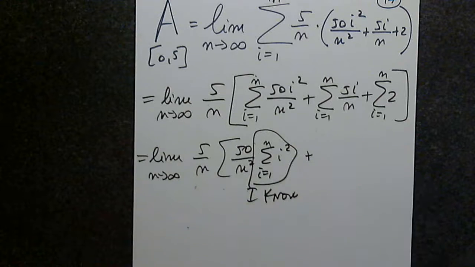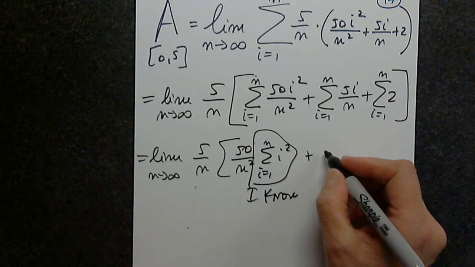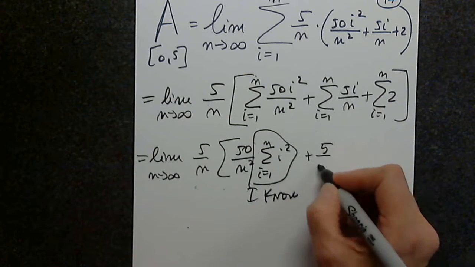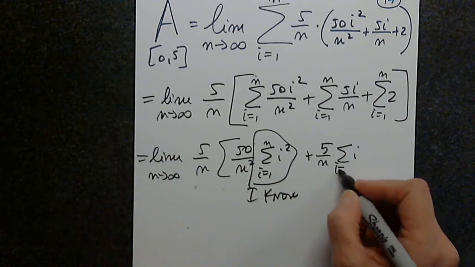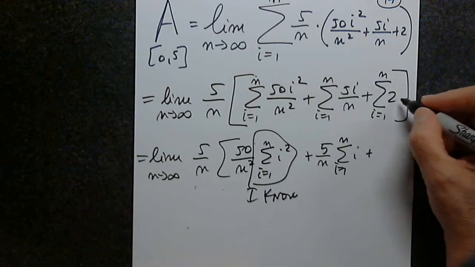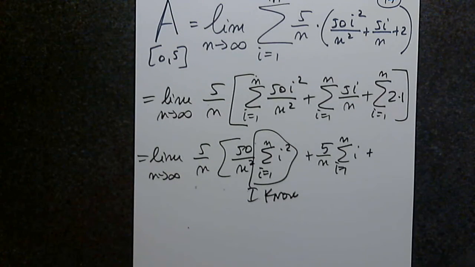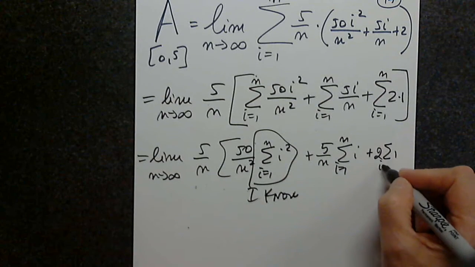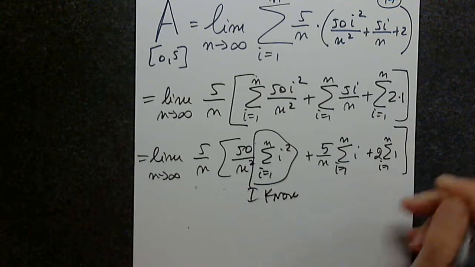Plus, what is the constant that goes in front now? Excellent. The sum of i, i equals 1 through n, plus, what is the constant, and I'm helping you with this one. 2, the sum of 1 from i equals 1 through n.